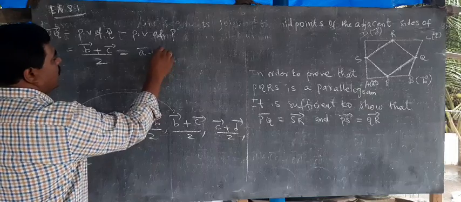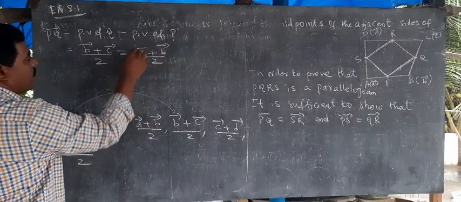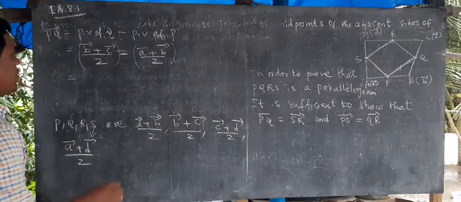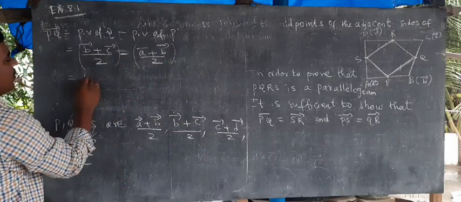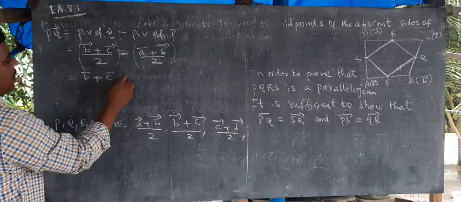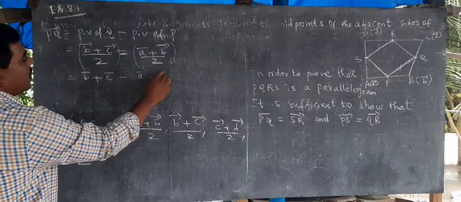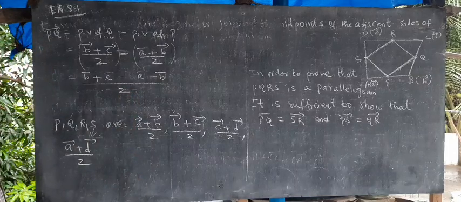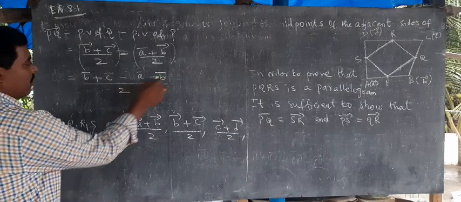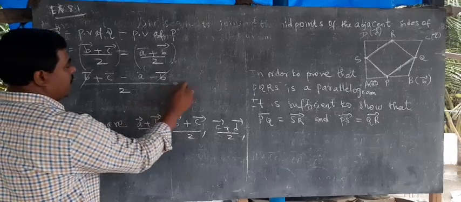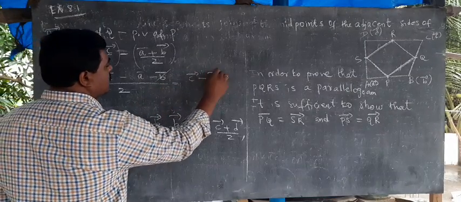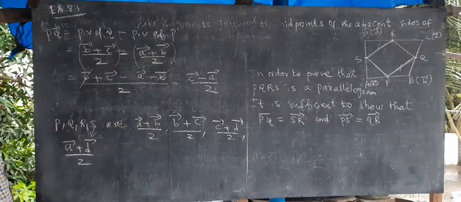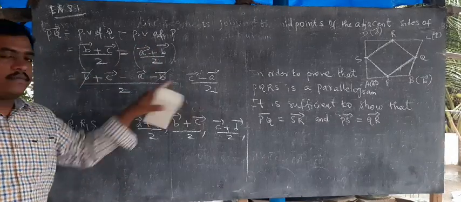The minus is common for both: B vector plus C vector minus A vector minus B vector, by 2. Minus B plus B cancels. So finally we are getting C vector minus A vector by 2. This is the answer for PQ vector.